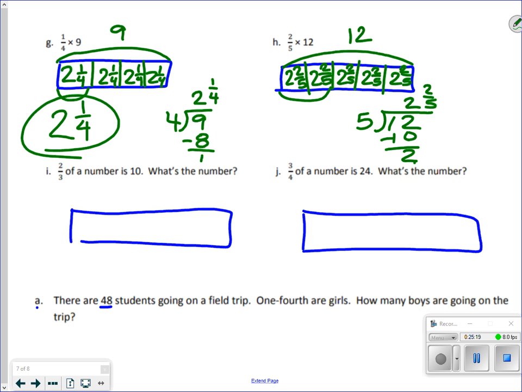But I have 2 of them. So if I have 2 of them, 2 and 2 is 4. 2 and 2 is 4. 4 and 4 fifths. If you got it right, yay you. If you got it wrong, you see where you messed up. It really wasn't that bad.